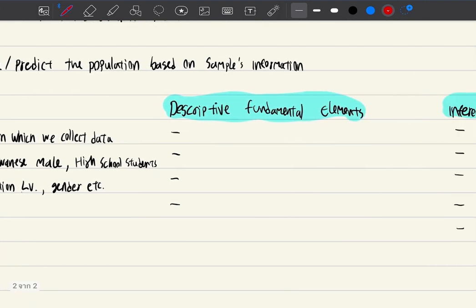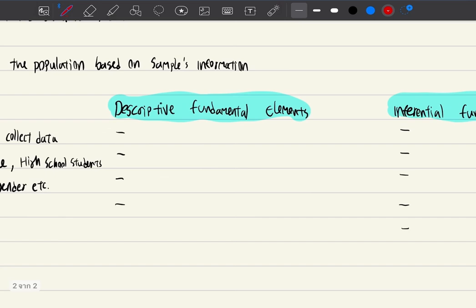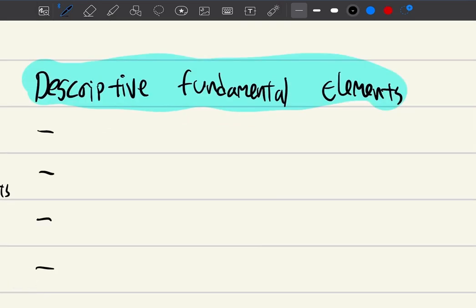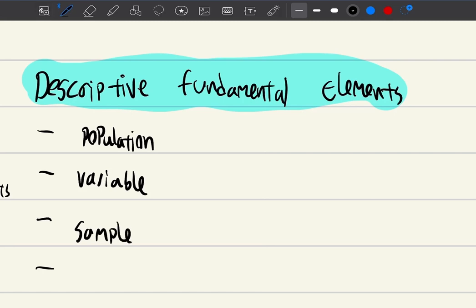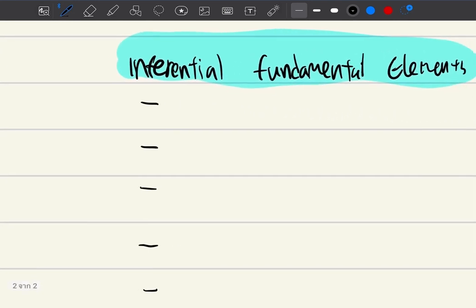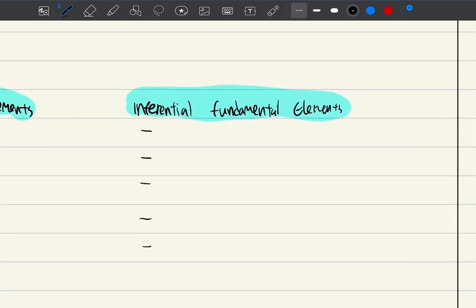The next one is descriptive fundamental elements. So we're gonna have population, variable, sample, and graph or table. The next one is inferential fundamental elements.